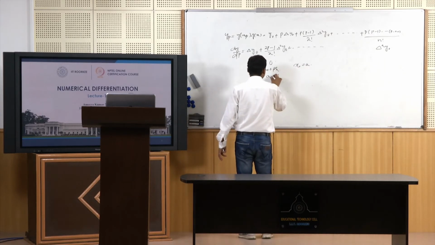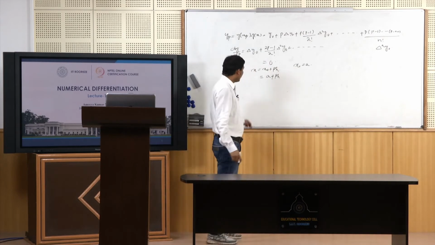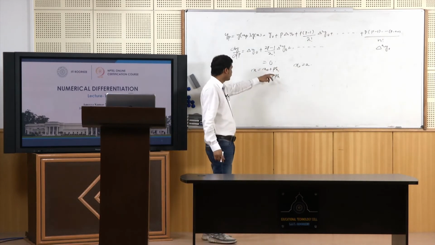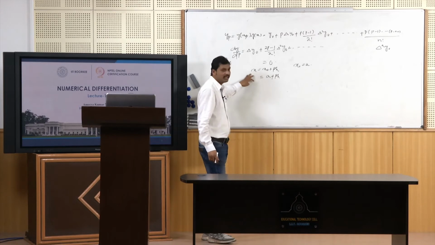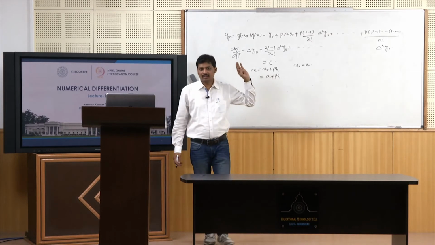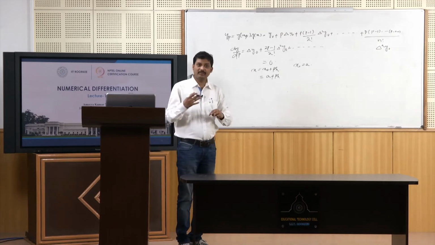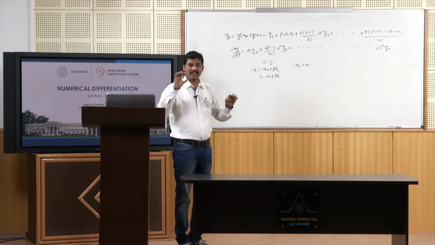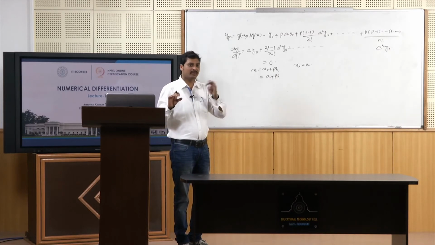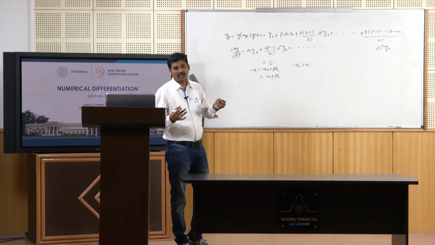Once the values of p are known to us, we can determine the values of x, and then we have to see where this x is placed inside the table, and at that point either the forward difference formula or the backward difference formula can be applicable, which we have to check.